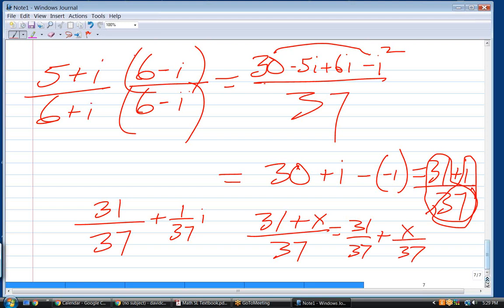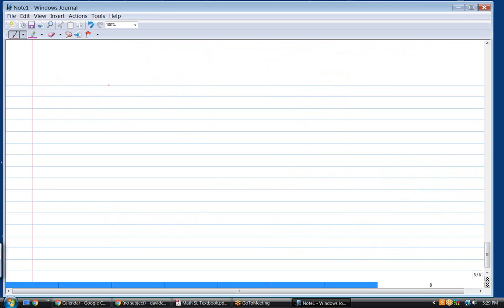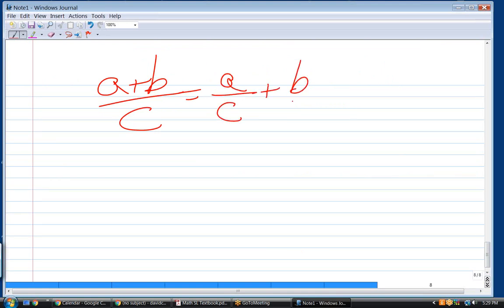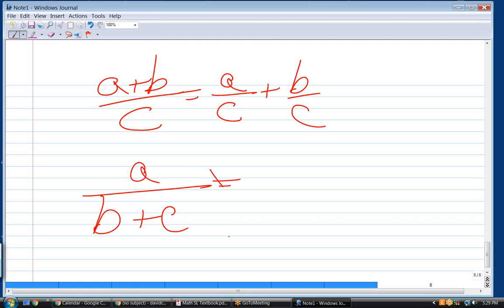Now, let me just warn you about one thing. A plus B over C is, whether you're talking imaginary numbers or not, always true. But what is not true is this: if I have two terms in the denominator, I cannot split it up like this. Doesn't work.